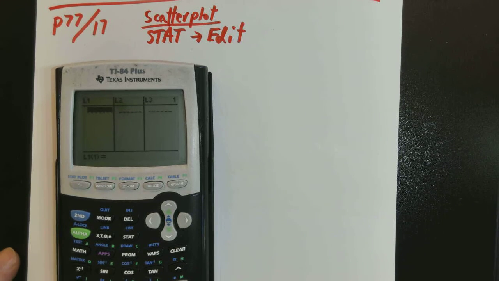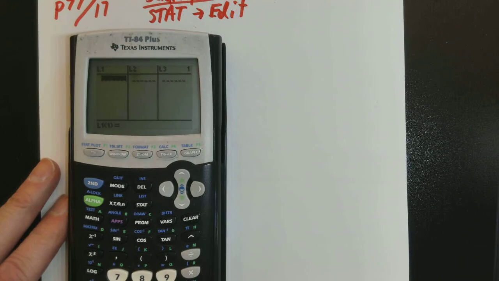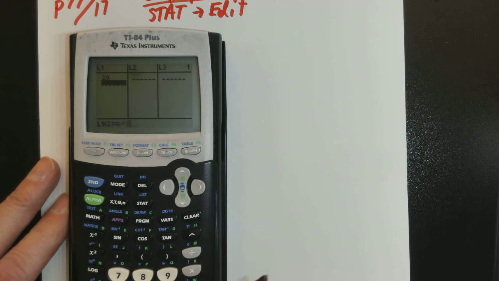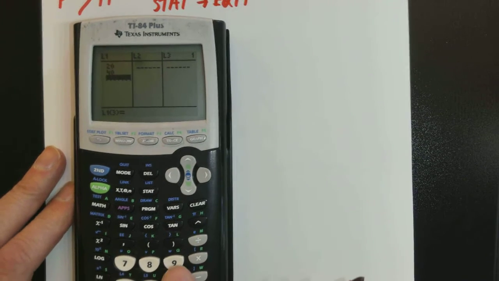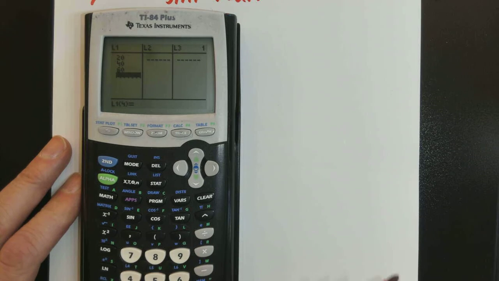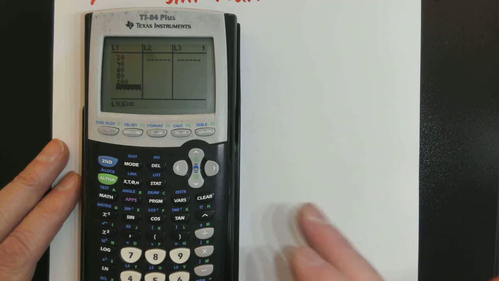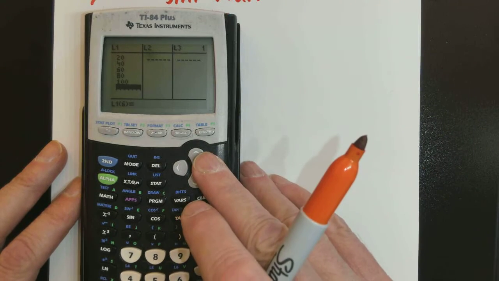The F column there is 20, 40, 60, 80, 100. Hit 20, enter, 40, enter, 60, enter, and so on. We've got numbers in that column.